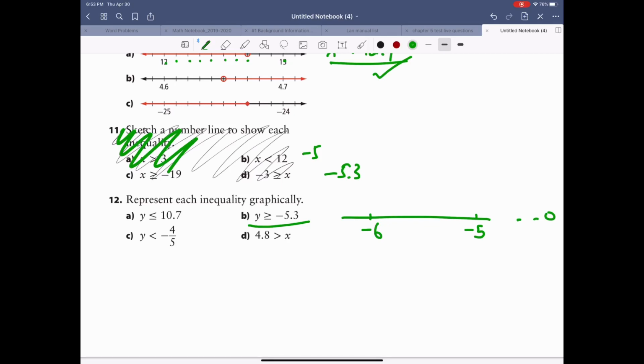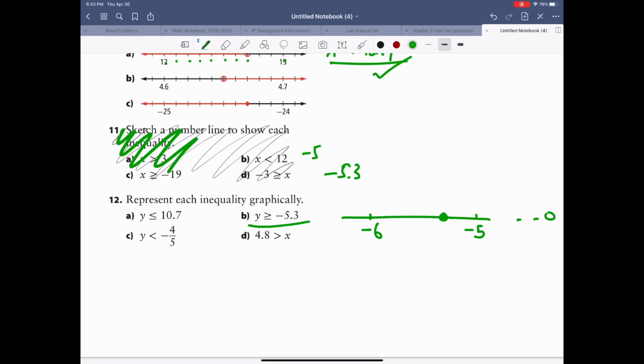Somewhere in the middle we should have -5.3. So let's say it's around here. 1, 2, 3, 4, 5, 6, 7, 8. I actually miscounted the space here, but you don't have to make it super even. We're not going to let you draw the graph. Just choose the correct one as we show you the choices.